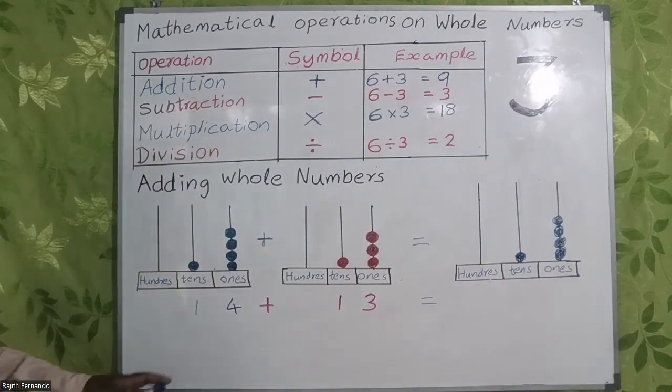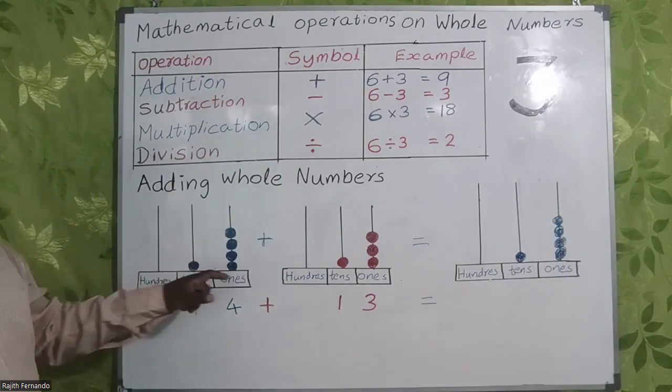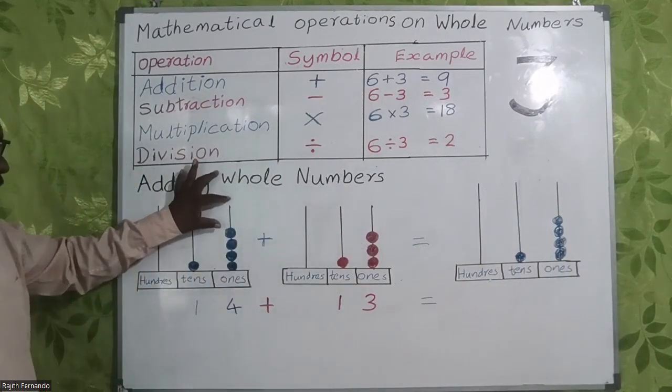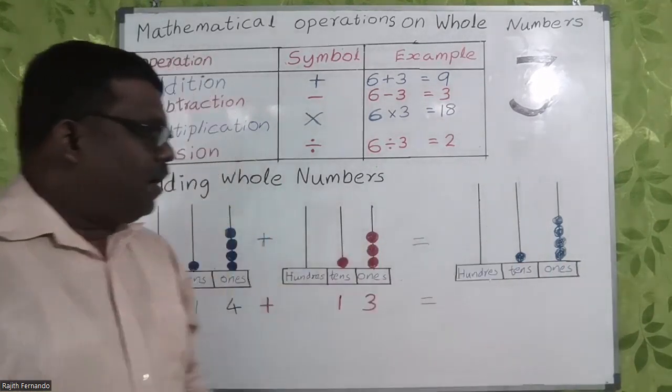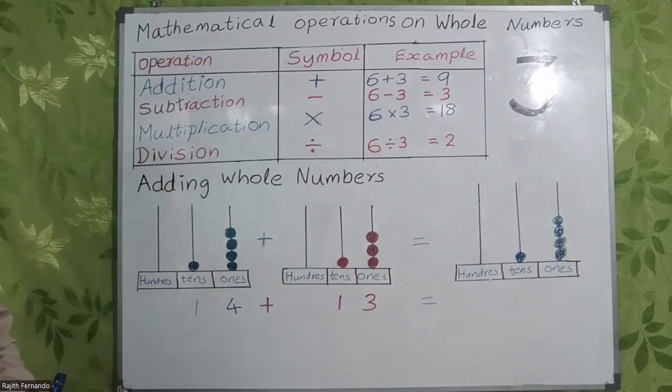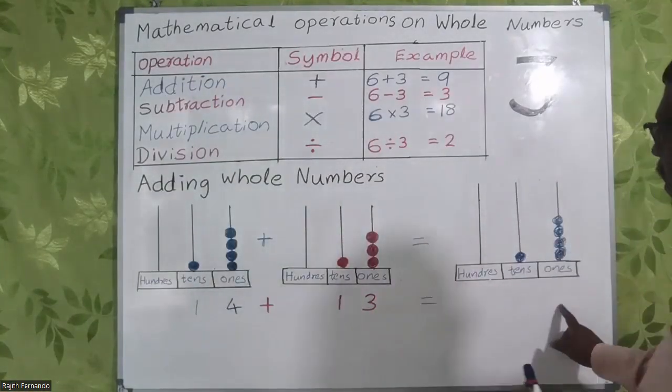Then you need to add this one to this place and this three to this ones place. Then we will put those balls in this counting frame.